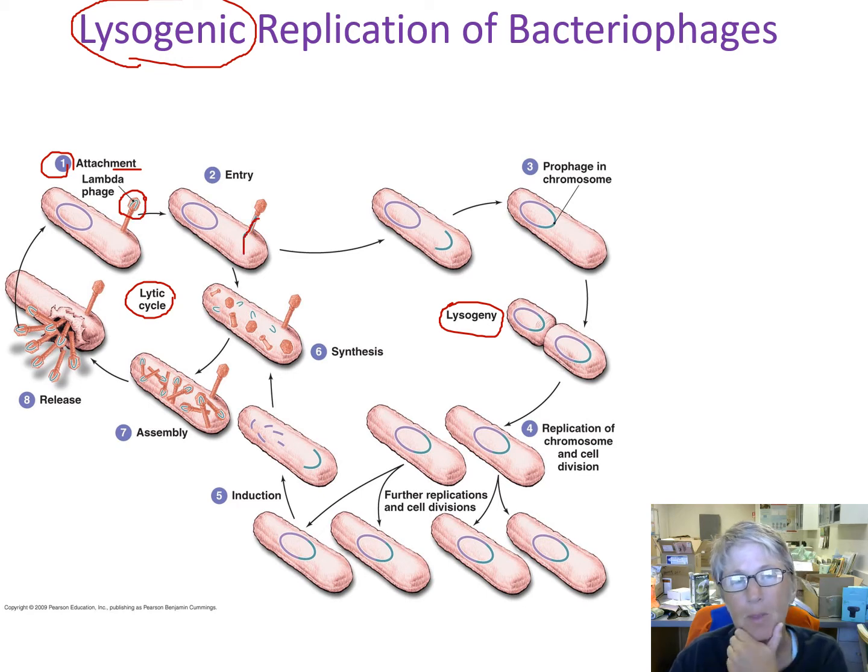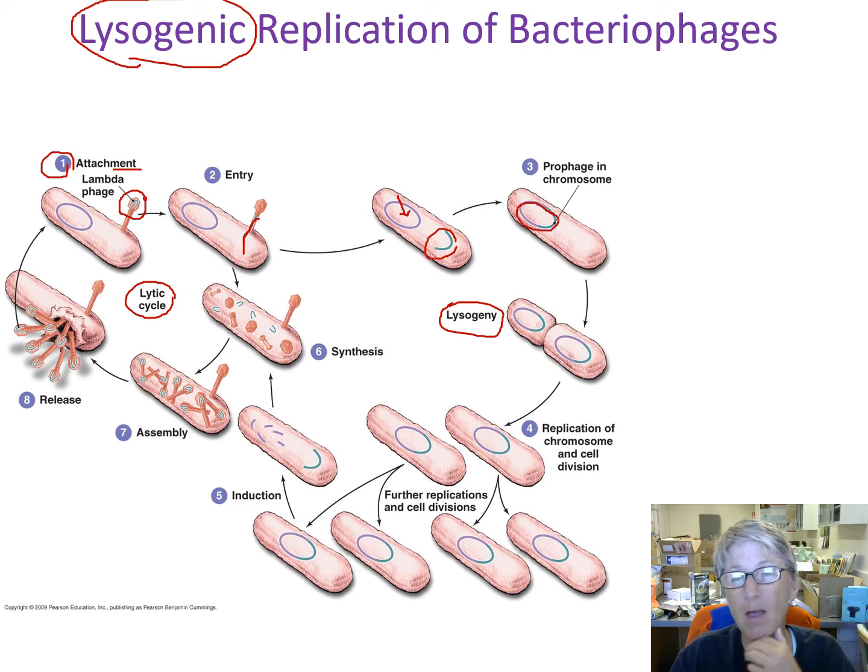But check it out. Once the nucleic acid from the virus, this piece right here, is inside the bacteria, the host chromosome is not degraded. It's still intact. And so instead of destroying the bacterial chromosomes, the viral DNA inserts into the bacterial chromosome.